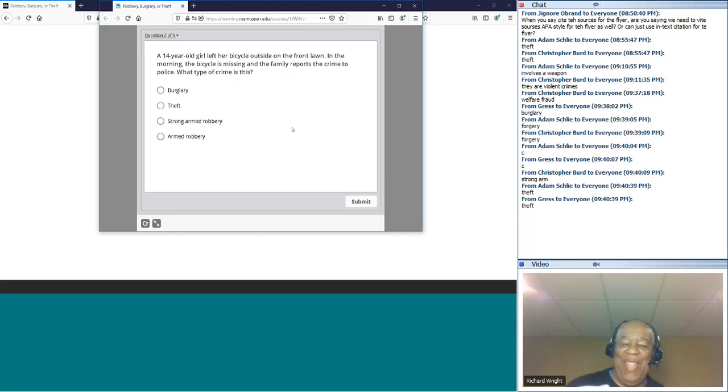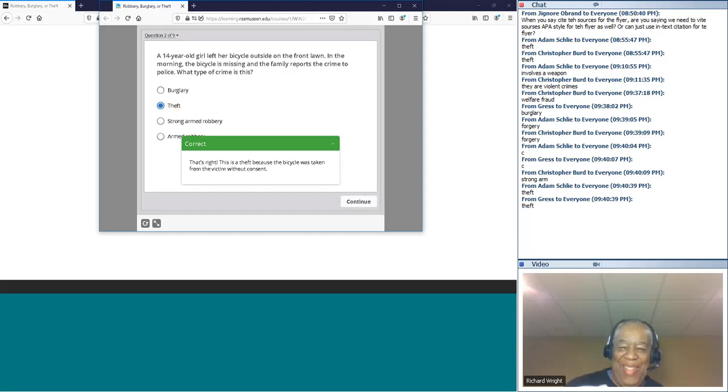Why don't y'all say burglary? It says on the front lawn. But you are right, it is theft. Some people get tricked by that when they see anything about the front lawn. So very good. Don't go for that.